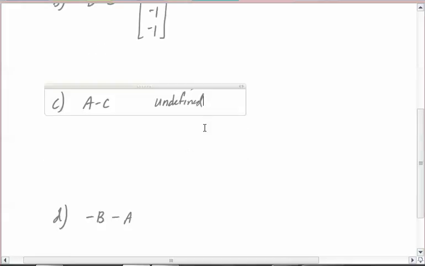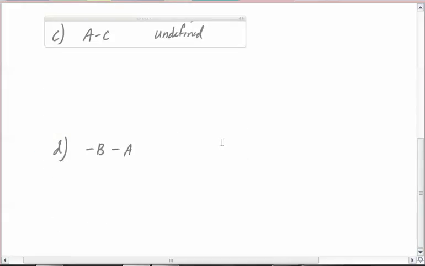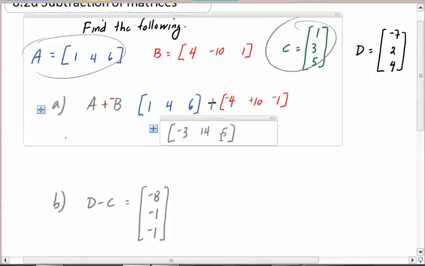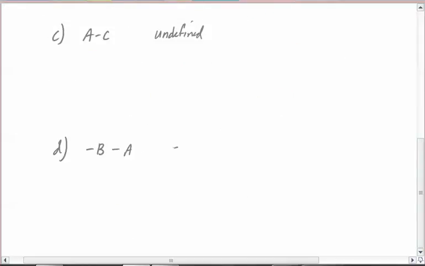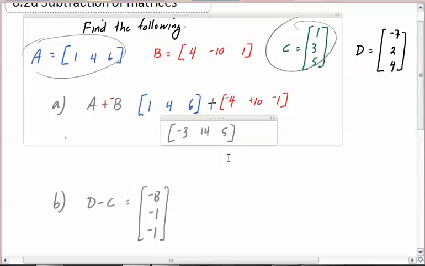This last one is asking me to do several things. It's saying take the opposite of B, meaning B's additive inverse, and then take A from it. So B's inverse would be negative 4, 10, and negative 1. I'm going to label that since it's asking me to.